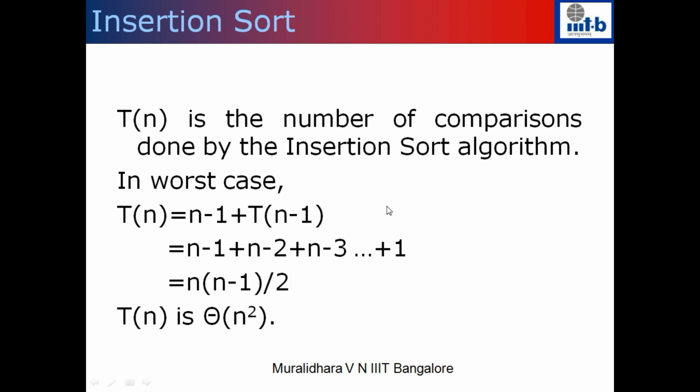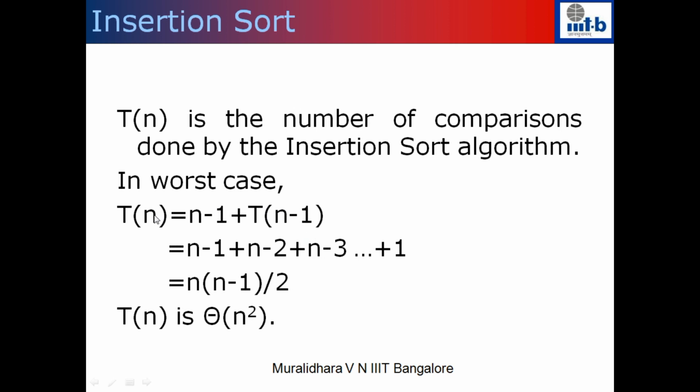So let T of n be the number of comparisons done by the insertion sort algorithm. Then in the worst case, when I insert the last element, assuming that the first n minus 1 numbers are already sorted, the number that I have right now may be the smallest number. In that case, I will end up doing n minus 1 comparisons, and in the previous iterations I might have done T of n minus 1 comparisons.